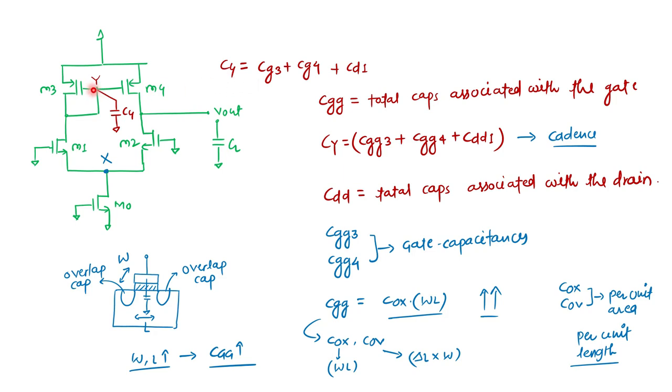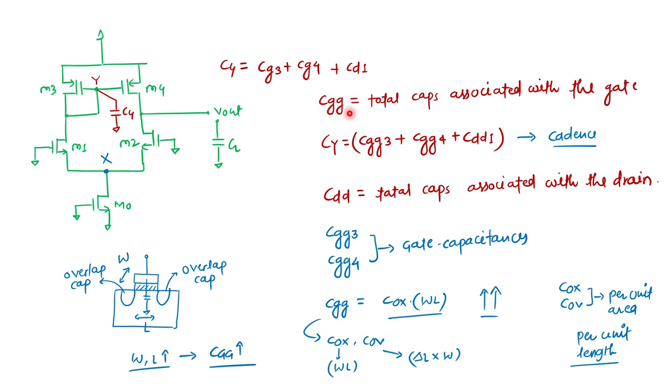It is nothing but CG3, the gate of transistor 3, the gate of transistor 4 cap, and the drain cap of the first transistor, M1. This node is shorted, there is a diode connection. So my Y node is seeing 3 capacitances at a time. We can also write CG3 as CGG, a general representation that we can see in Cadence, which I already mentioned.